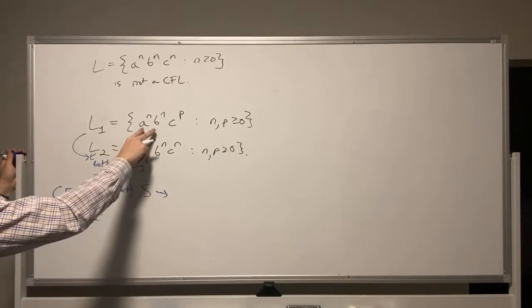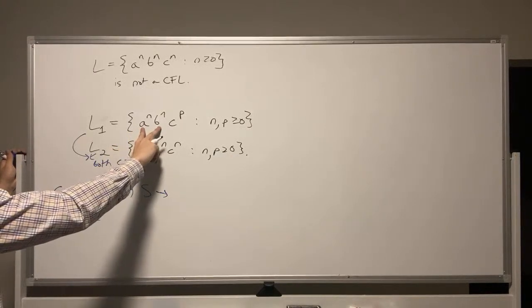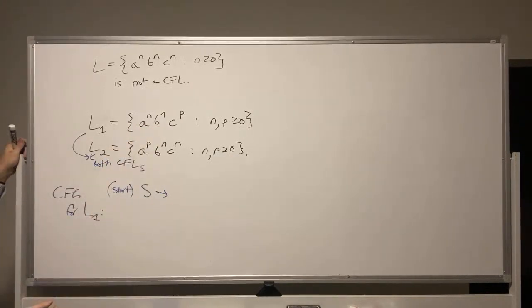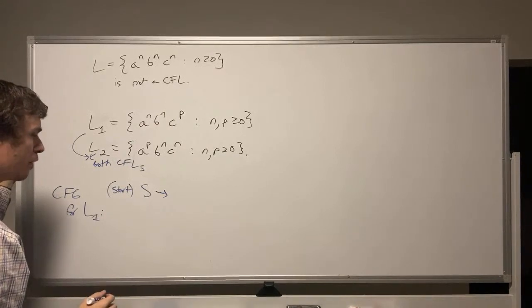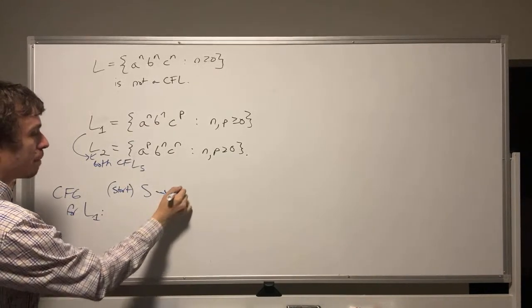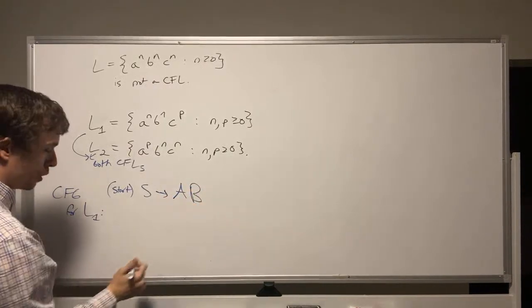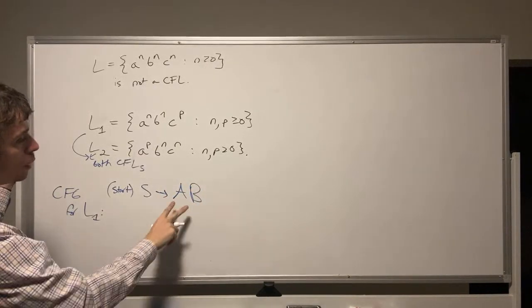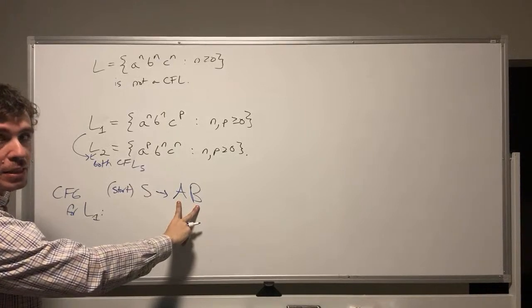Well, here, I know how to do the A to the n, B to the n thing. There are several ways you can do this, not one way. So what I'm going to do is have this go to two variables. So why two? And why are they concatenated together?